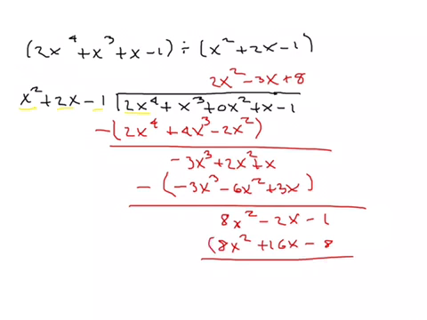And I'm going to subtract my two polynomials, getting negative 18x plus 7. Okay, so at this point we can't go any further, so that negative 18x plus 7 is my remainder. So we're going to write it as a remainder.